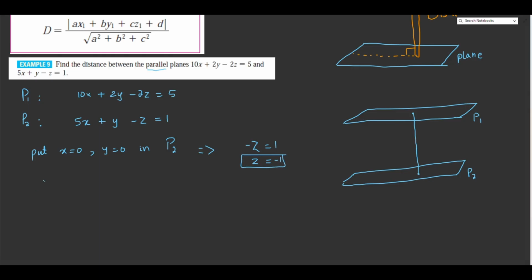So that will be a point. You can denote this point by A, and it has the coordinates 0, 0, minus 1. So this is a point here in the plane P2.